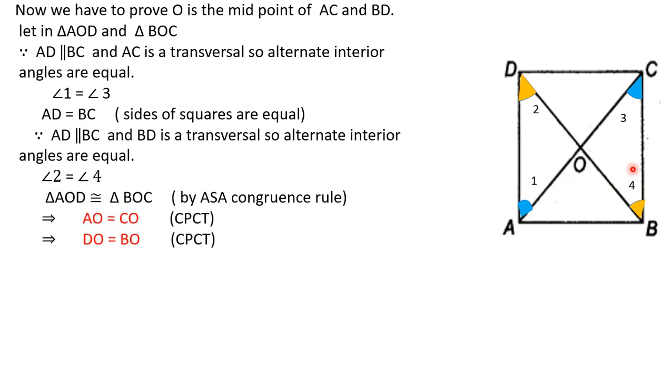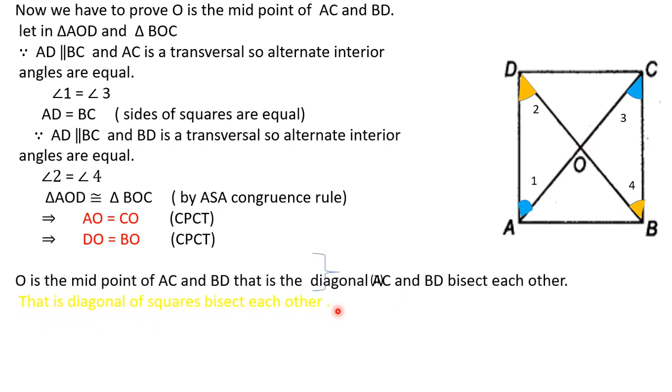Now when the triangles are congruent, so other corresponding parts of congruent triangles are also equal. So we can say AO is equal to CO and BO is equal to DO. So that meaning diagonals bisect each other. This is the next part which we have to prove.